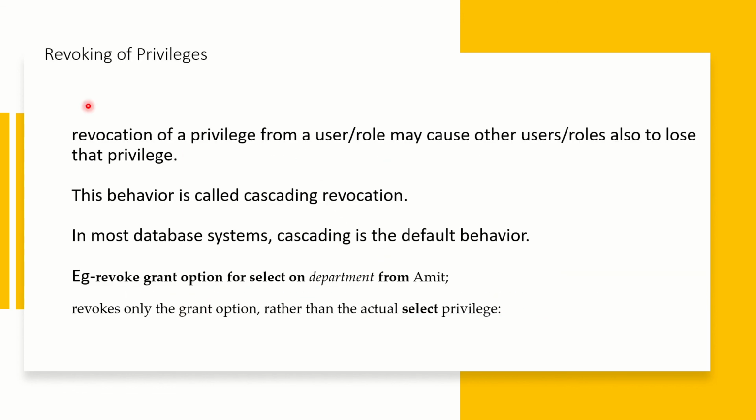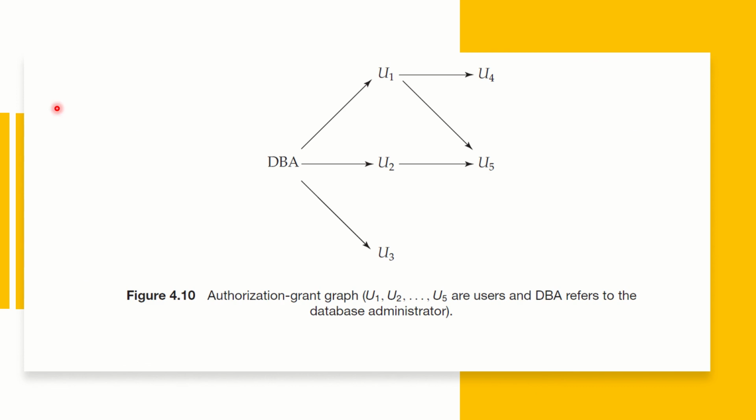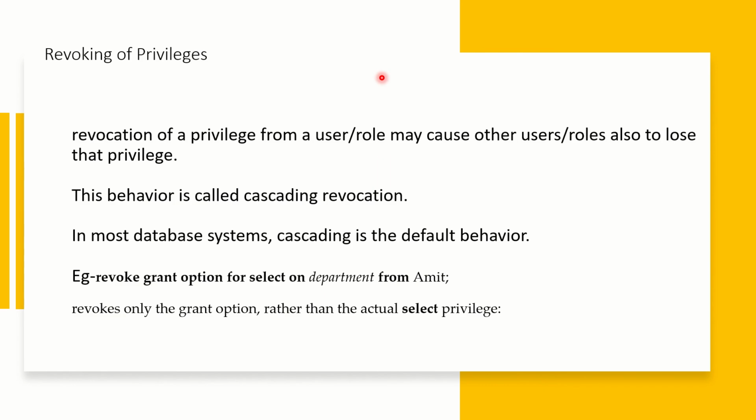In the same manner, consider revoking privileges. Suppose, looking at this graph, DBA revokes the update privilege from U1. Then automatically the privilege of U4 will also be withdrawn because U1 has passed that privilege to U4. Here DBA withdrew the privilege from U1, so it will cause a cascading revocation.